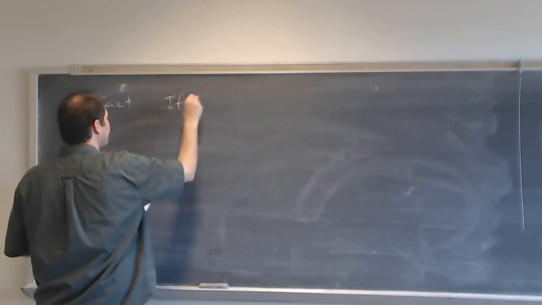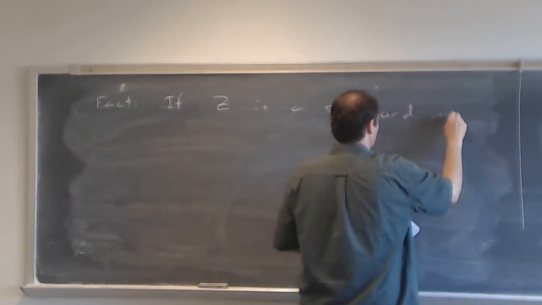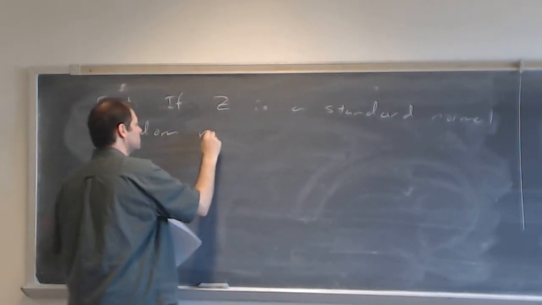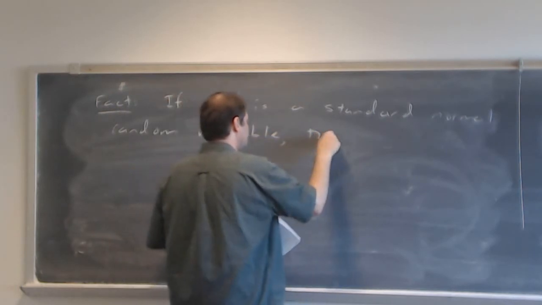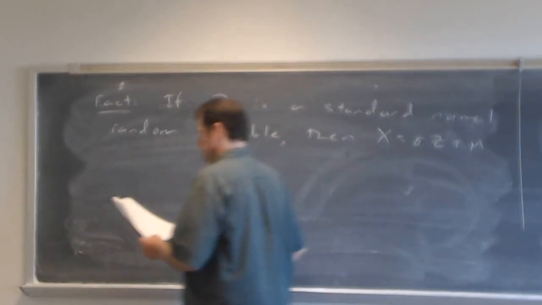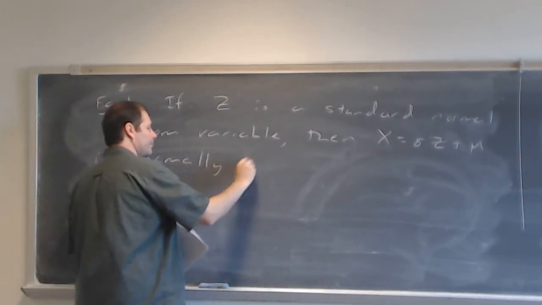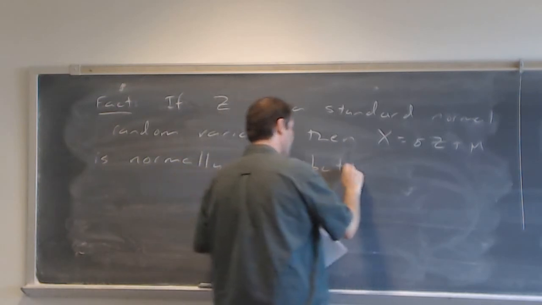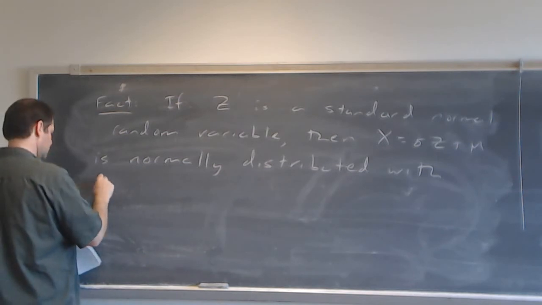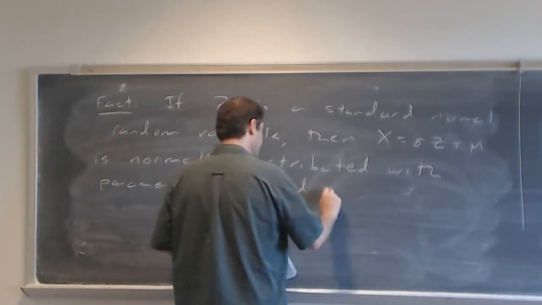Fact: if Z is a standard normal random variable, then X equal to sigma Z plus mu is normally distributed with parameters mu and sigma squared.